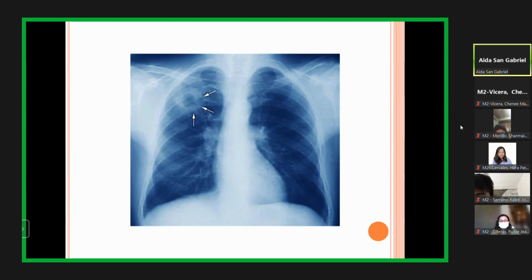For pleural effusion, on inspection, if it's a massive pleural effusion, there will be asymmetrical chest expansion, lagging on the right side, for example if the pleural effusion is on the right, with subcostal and intercostal retractions.